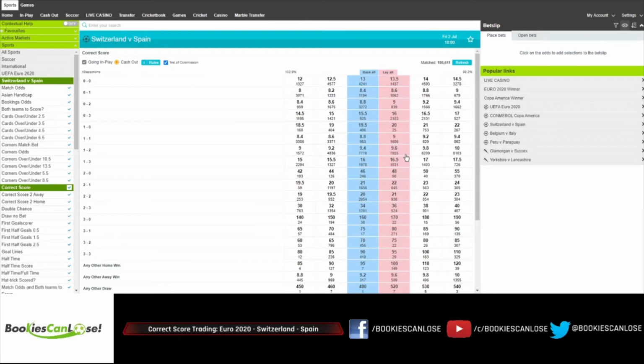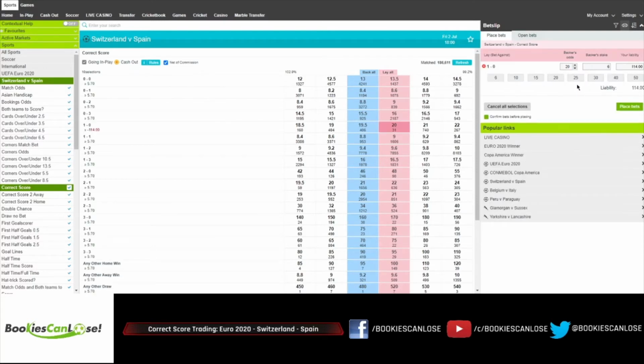And in my opinion, it makes sense if you want to go against the market, right? And the odds are pretty low, and you want to be against the expectations, right? So what I mean is that you wouldn't want to lay 1-0 to Switzerland here, right?